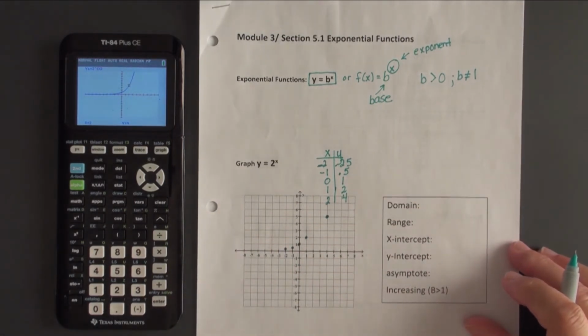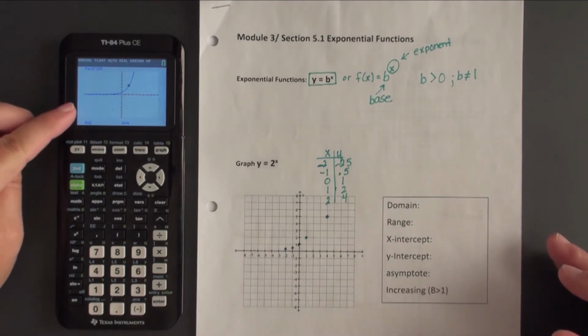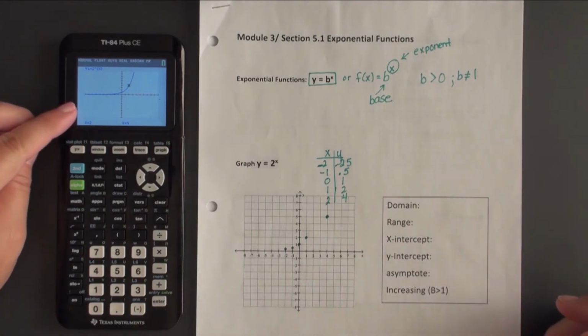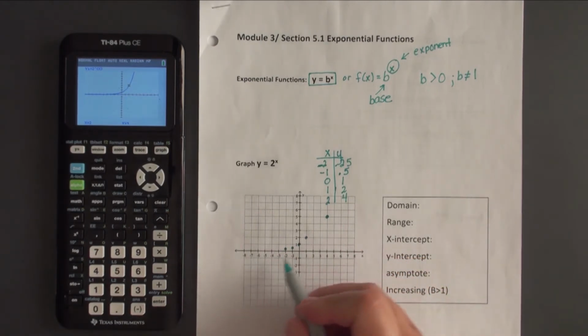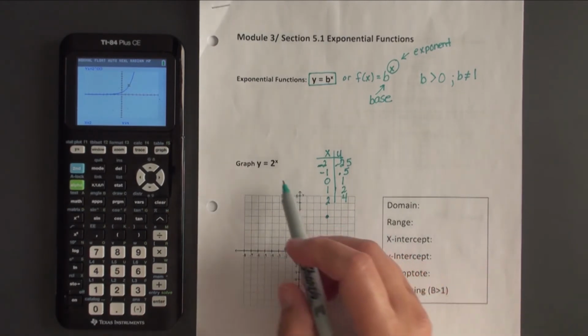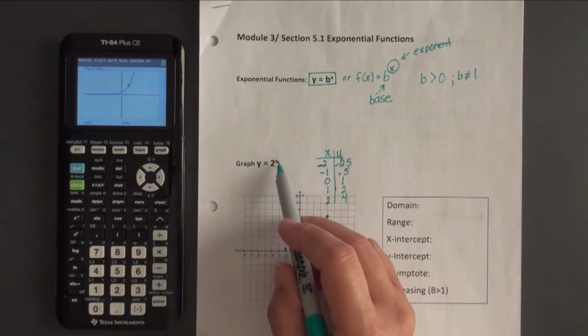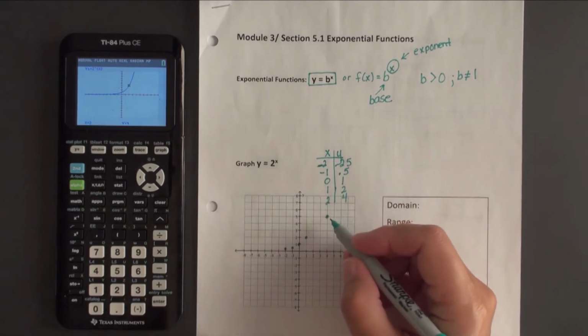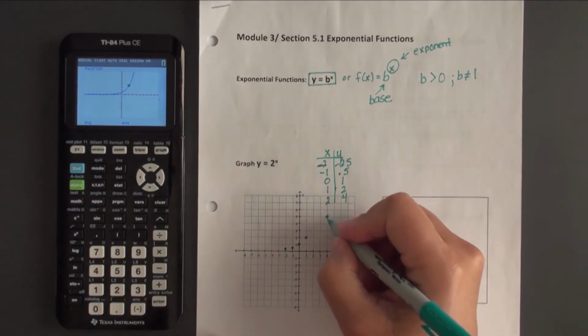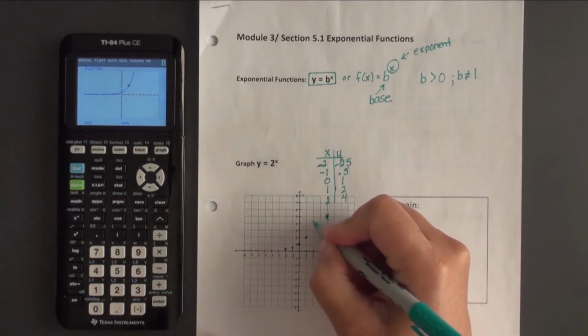And what you will notice, even though the calculator looks like this graph is touching the x-axis, this graph will never cross the x-axis or be equal to 0. 2 to the x can never equal 0. And so when you draw your curve, and I think I've drawn the wrong point here, this should be 2, 4.